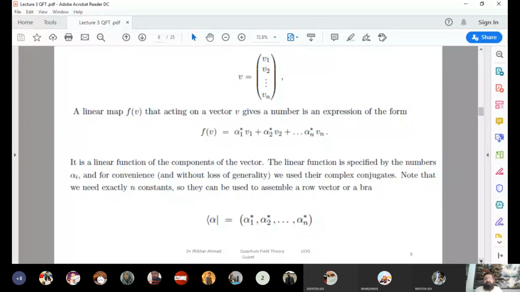These are coefficients, scalars. Just like alpha bra, it means alpha star transpose. Do you remember this?